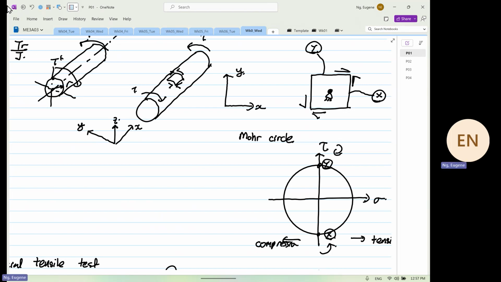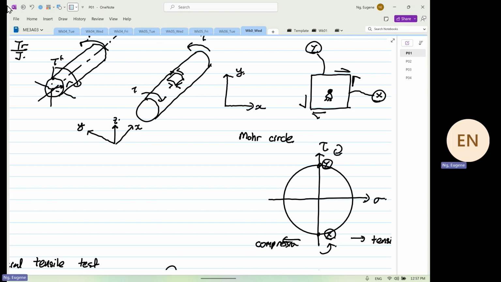This is our element. Your left hand, you're going to what? Fix. Your right hand, you are going to move towards you, rotate towards you. So when this is the case, the shear direction changes.